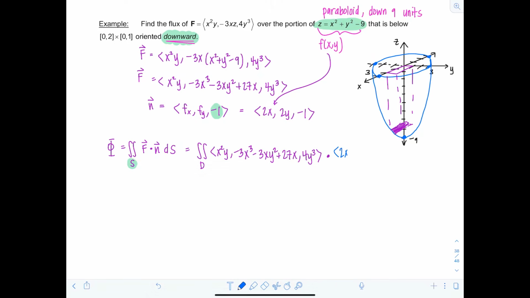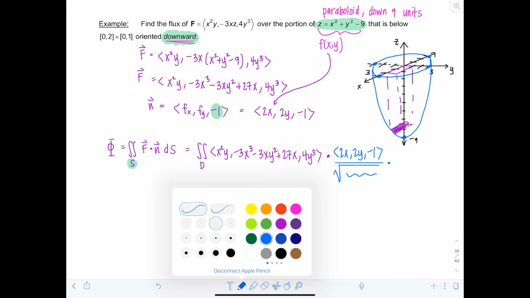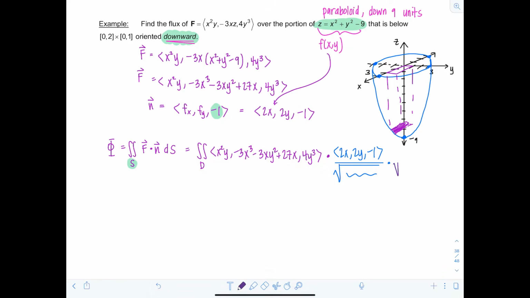So components would be 2x, 2y, negative 1, divided by the magnitude of n, which we know cancels out with the magnitude right here times dA. So we just don't even mess with it. But that's what's going on behind the scenes, right?